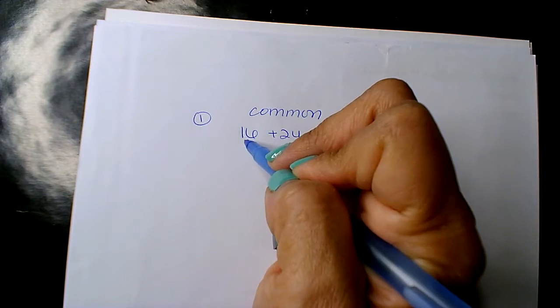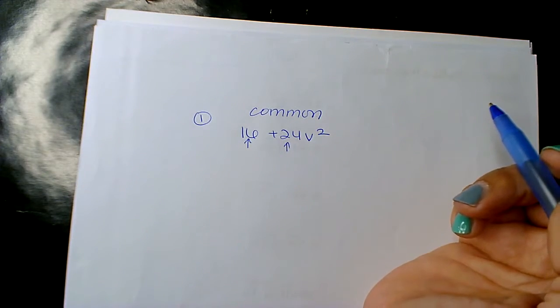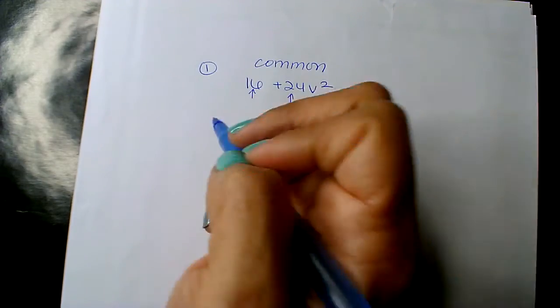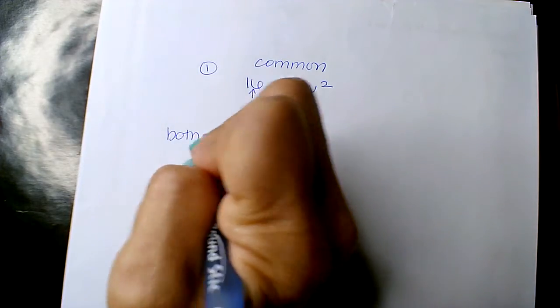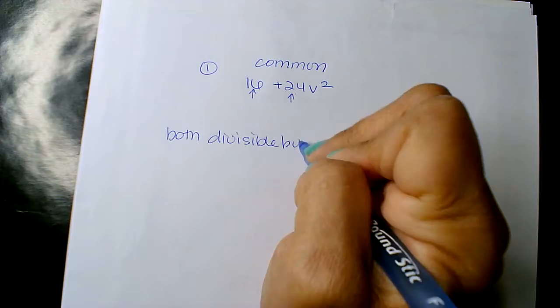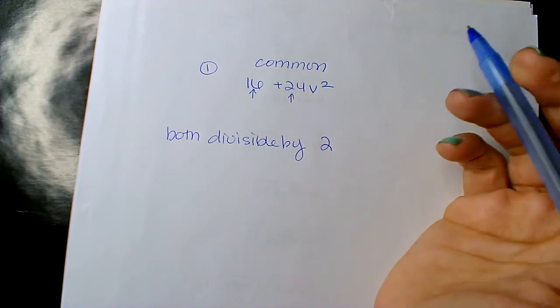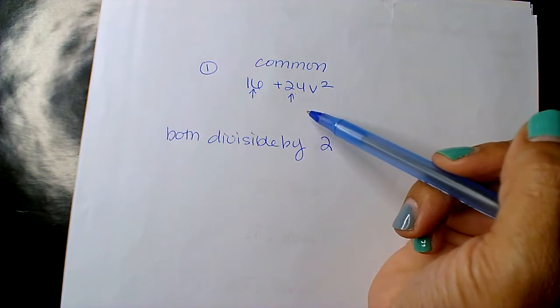Okay, so let's look at the numbers first, 16 and 24. Okay, 16 and 24 are both divisible by 2, yes? Can I go 16 divided by 2? And then can I go 24 divided by 2?